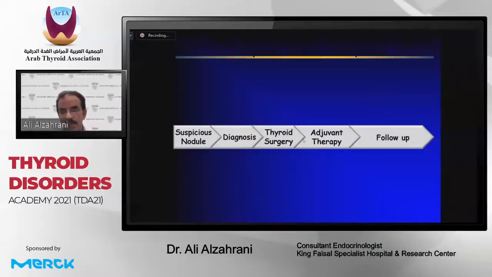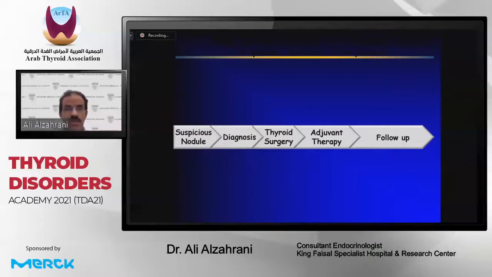Now, in this review article that I had the honor to write with Dr. Tuttle, we looked at risk as a continuous process, starting from the moment you see the patient with a thyroid nodule to surgery, after surgery, and during the follow-up.